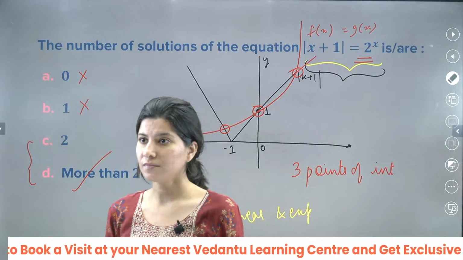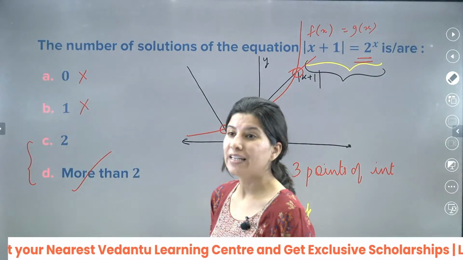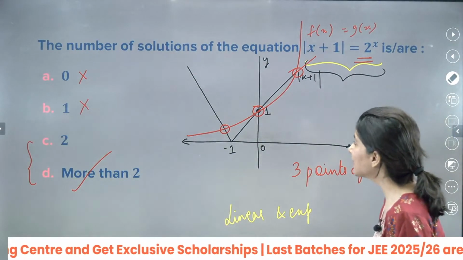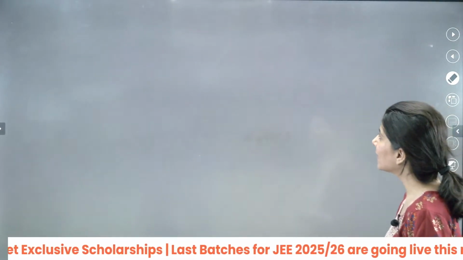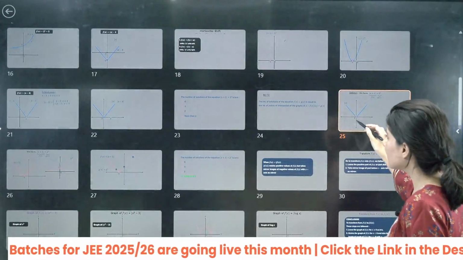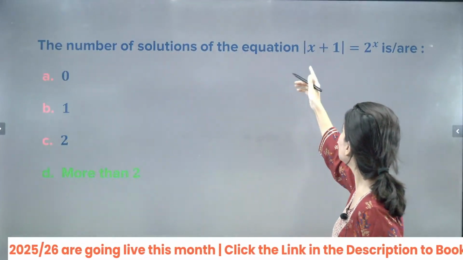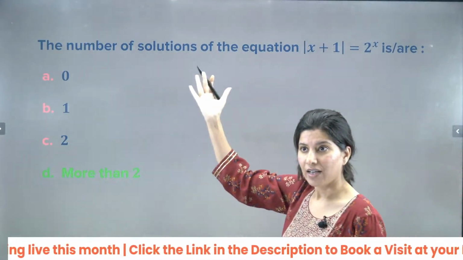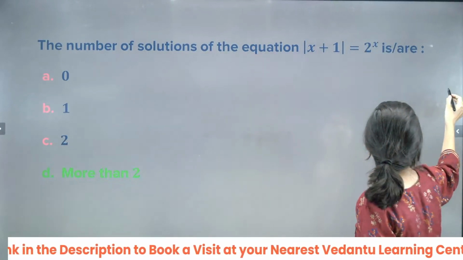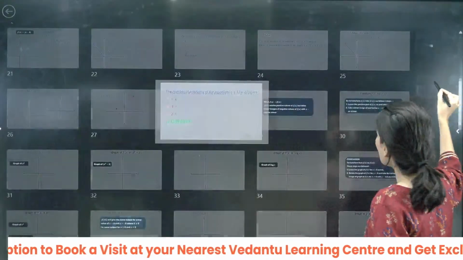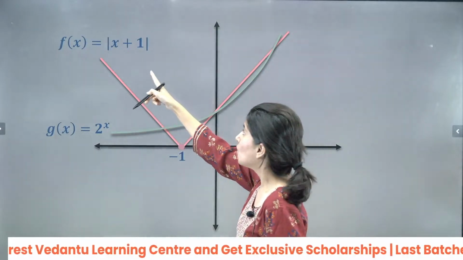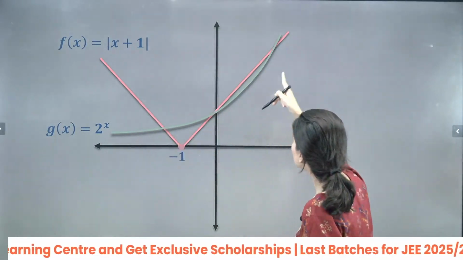Nikhil is asking, ma'am, how to find the point of intersection. Whenever you see this type of question, where you have the number of solutions of this and this, you plot the curves, both mod x plus 1 and 2 raised to power x, together.